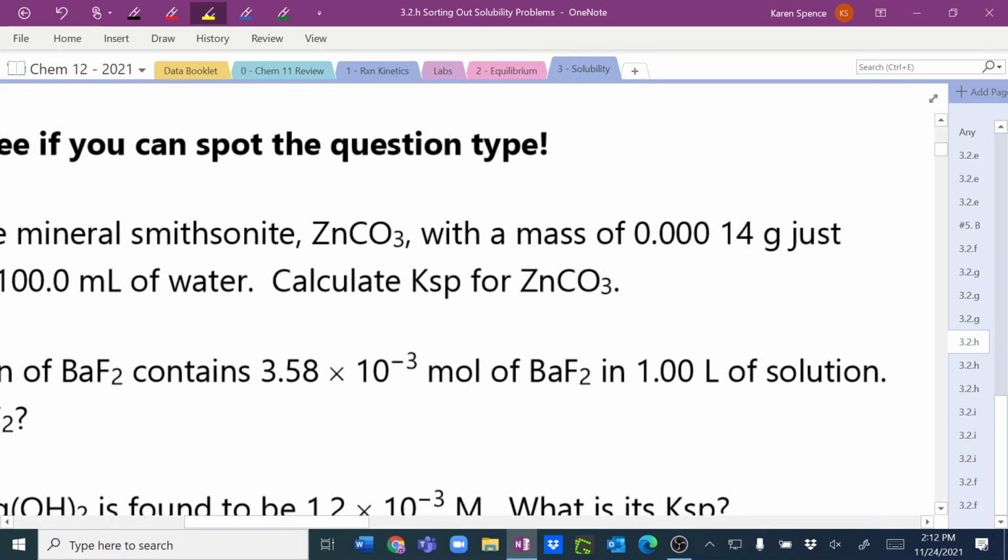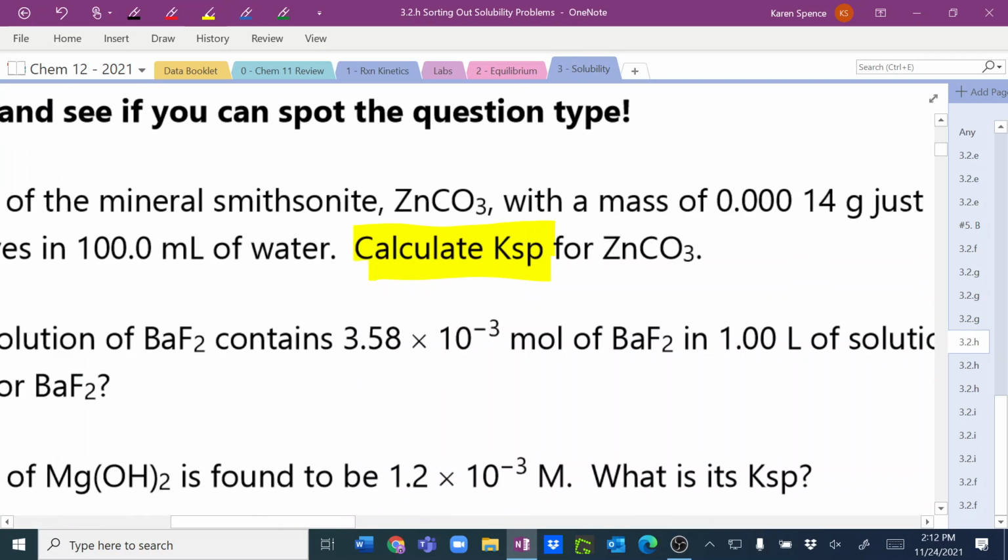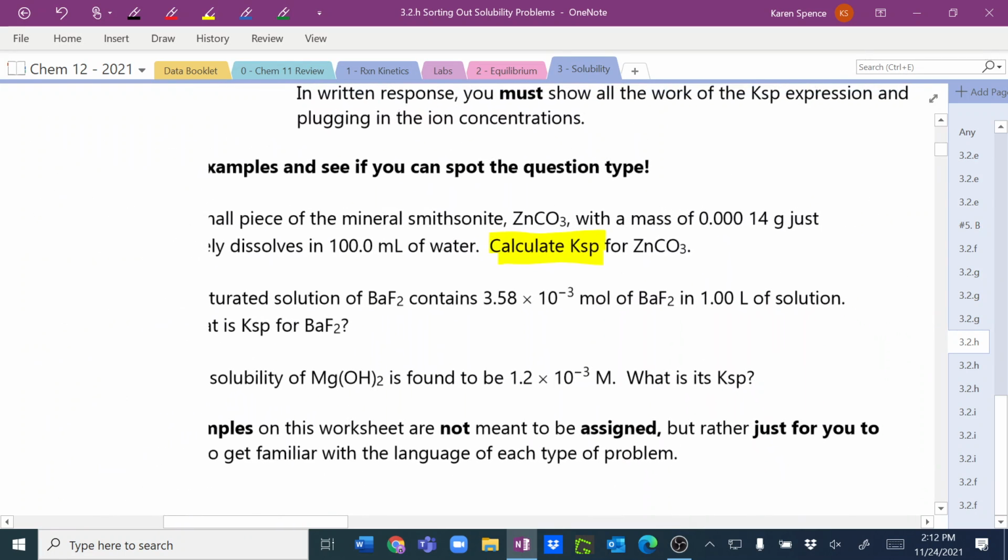Look what that first one says. Calculate Ksp.